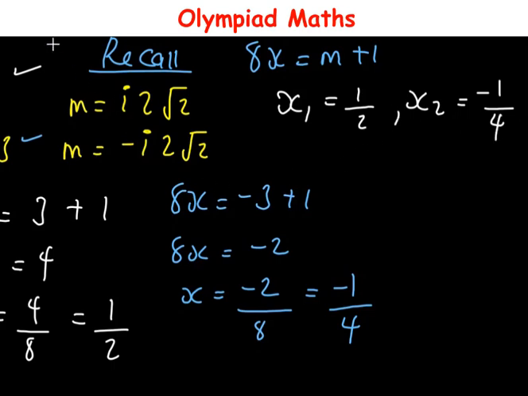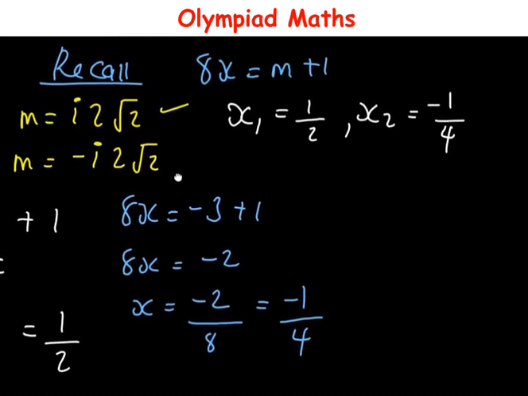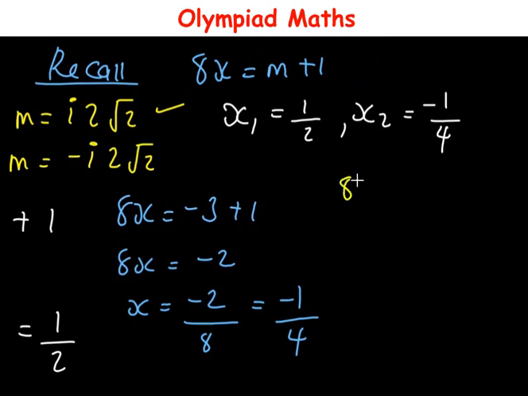Good. Also, with this other value of m, putting it into the equation, we have it that 8x is equal to i times 2 root 2, plus 1.